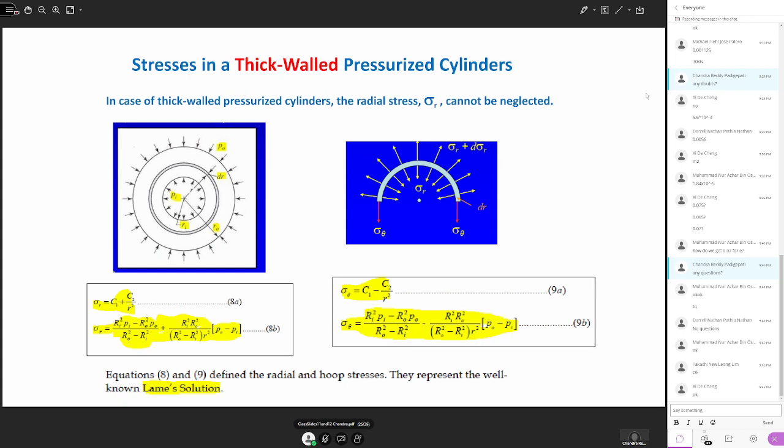When we talk about thick wall cylinders, now we focus here. You need to get familiar with these things. One is the outer radius Ro. The other one is the inner radius Ri.